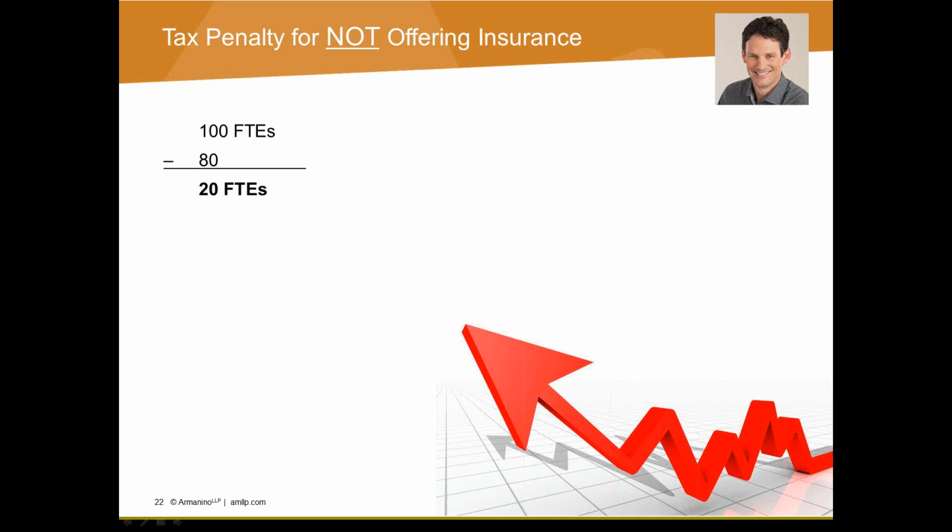And to boot, one of your employees, since they didn't get insurance from you, went onto the exchange, purchased their insurance there, and they qualified for one of the federal subsidies. Unfortunately, because of that, you're now going to get penalized. So first thing you do is under transitional relief, you get to subtract 80 from those full-time employees. So now we're at 20 full-time employees, and that is what we're going to be subject to the penalty on.